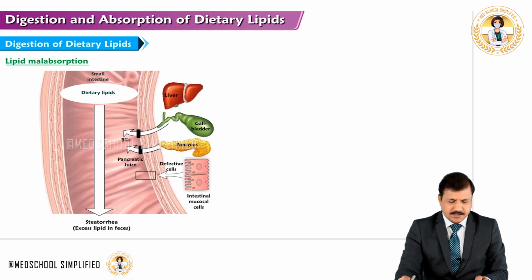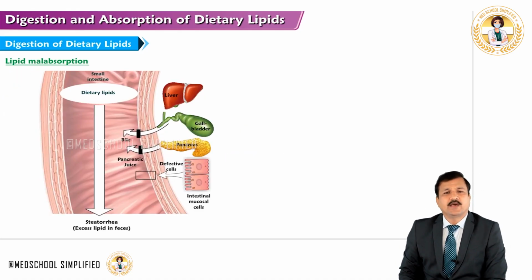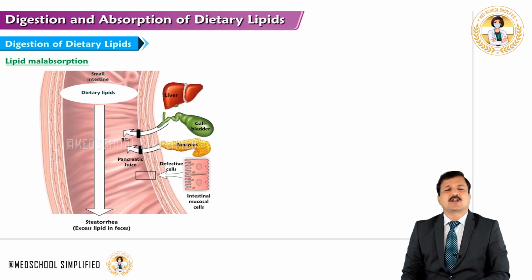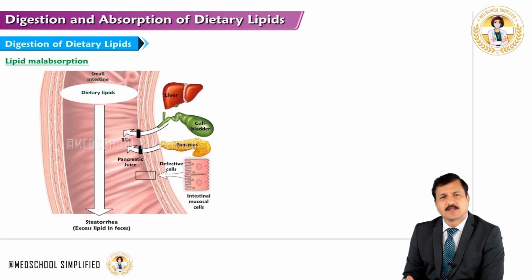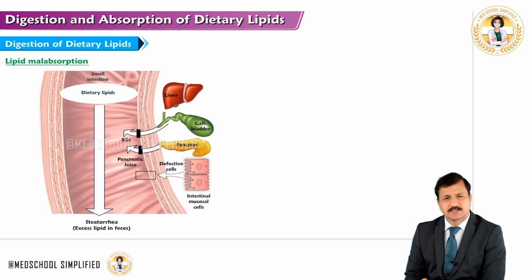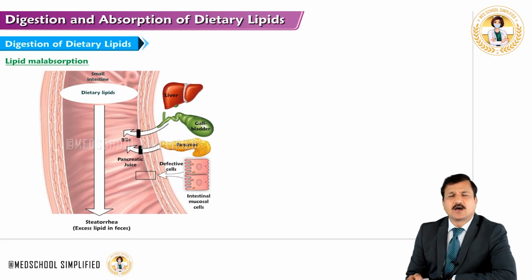So in lipid malabsorption, the necessary things are not reaching the intestine, things like bile acids, pancreatic juice or bicarbonate, or there is mucosal damage, defective cells in the small intestine. All of them lead to dietary lipids not being absorbed properly and allow that lipid to get out of our intestine in the feces, causing steatorrhea.